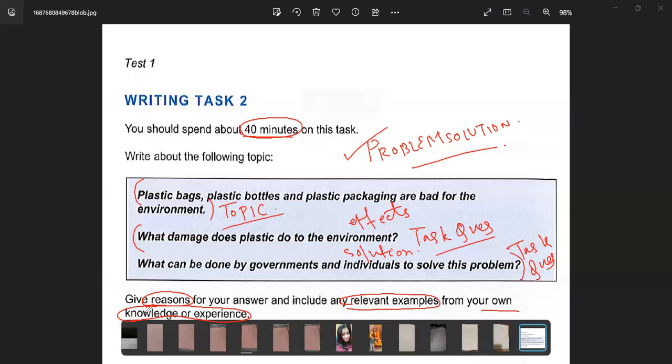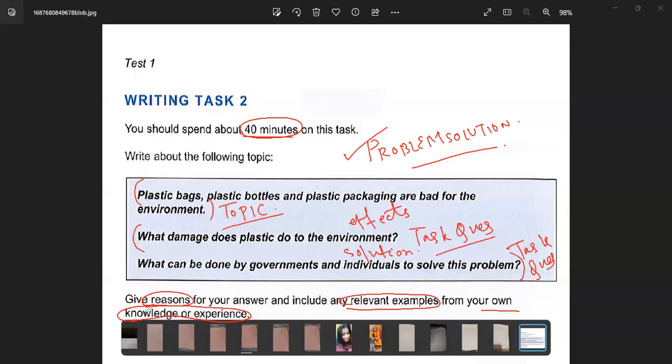And based upon experience and knowledge, you can say, let's suppose, there is any activity performed by any NGOs, in which you have taken an active participation to solve the problem, mostly in a campaign near a seashore or an ocean, where they form a team to remove all the plastics. Something like that can be included.